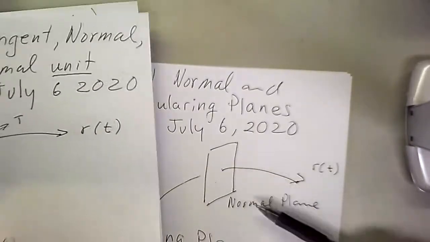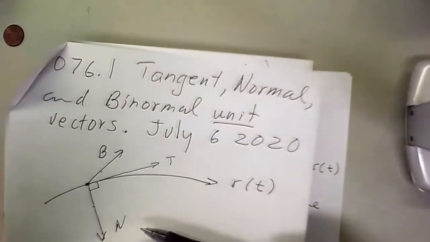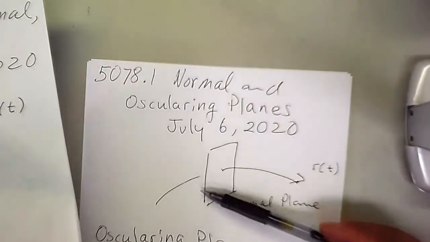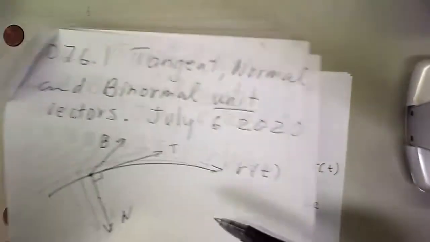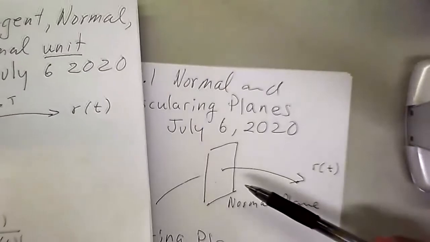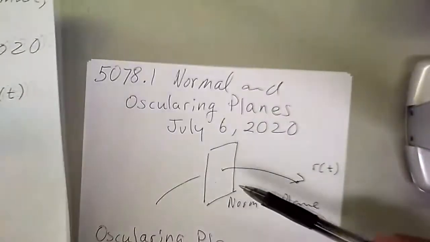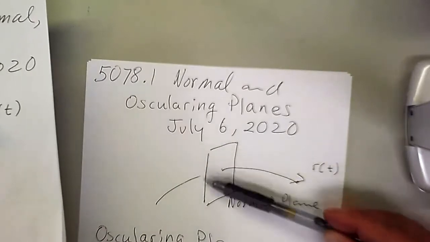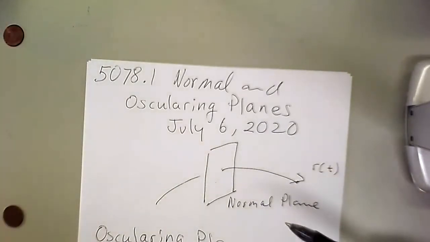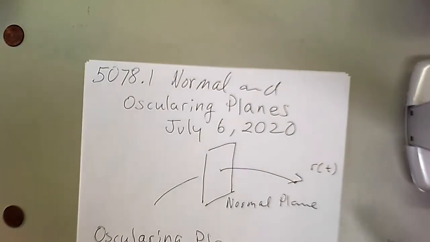So we're using normal in two different ways, for the vector and for this plane. Just be aware that we're using normal as an adjective of a vector, which is this one, versus normal plane, which is this plane. It is a little confusing, but you will figure that out.